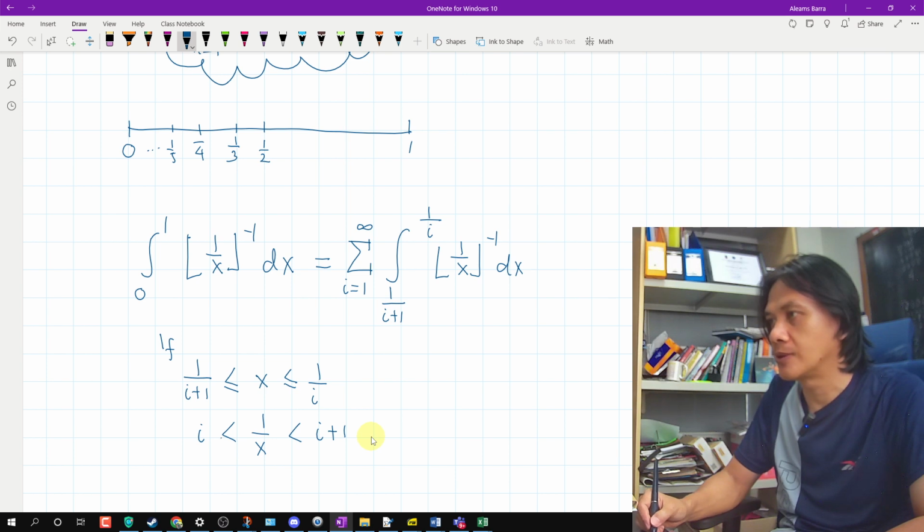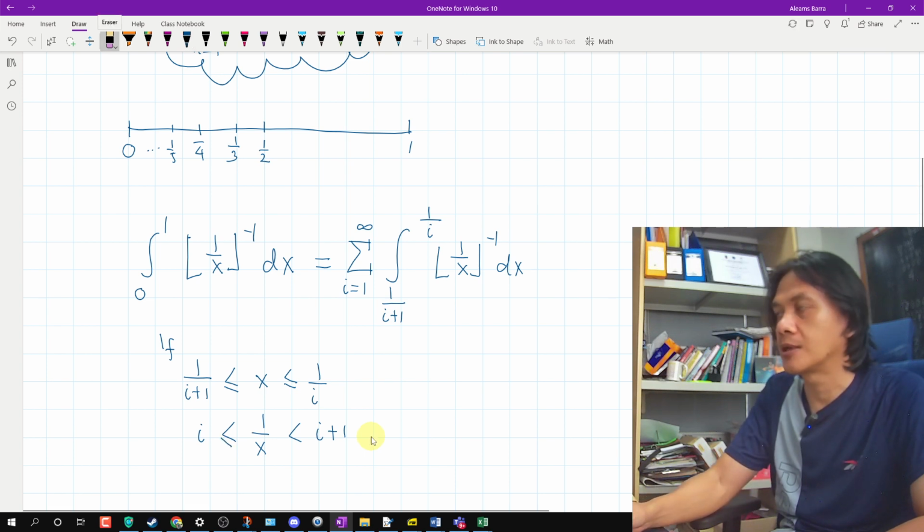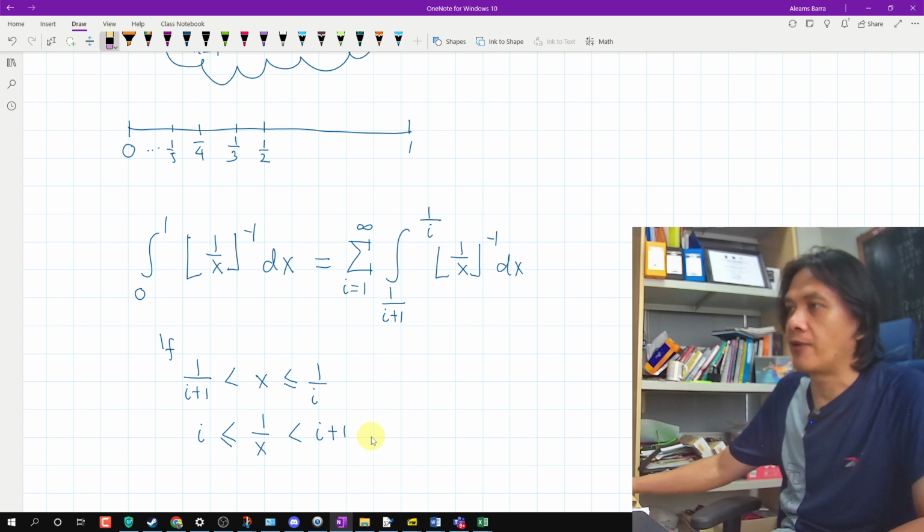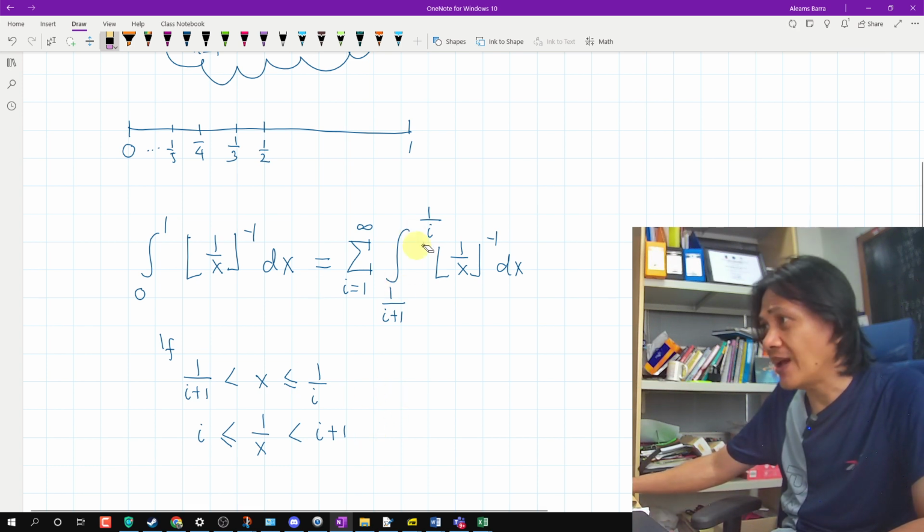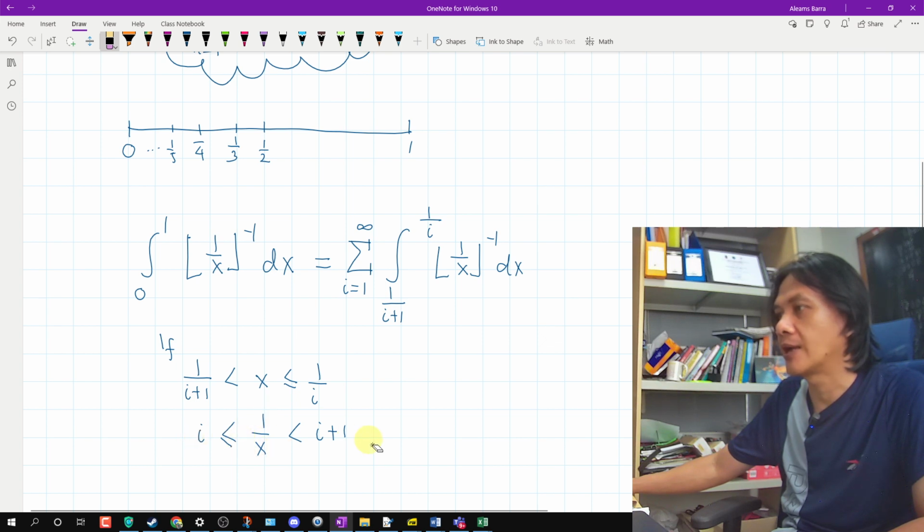We want this to be included here, so let me just put this over there. Okay, so if x is in this interval from 1 over i plus 1 to 1 over i, then 1 over x is in between i and i plus 1.